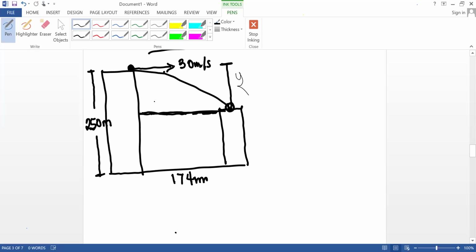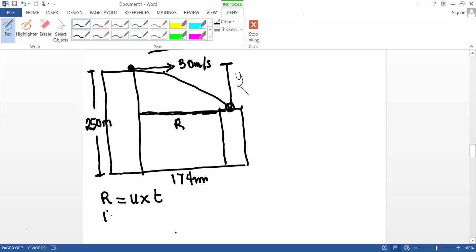So we have the range, the horizontal distance it must go through. We also have the velocity of projection. So we can easily find the time of flight. R is equal to U times the total time, which is the time of flight.